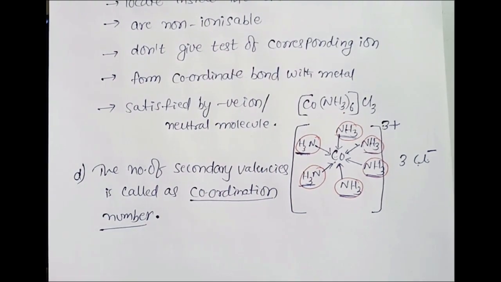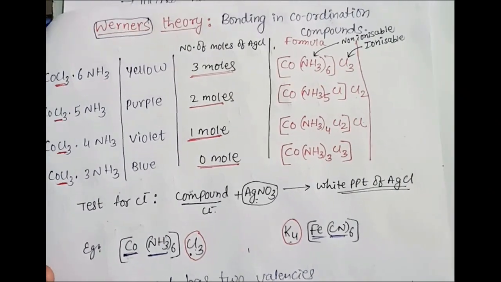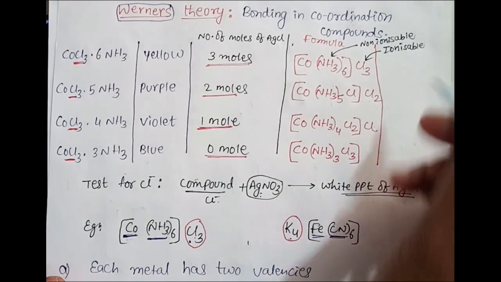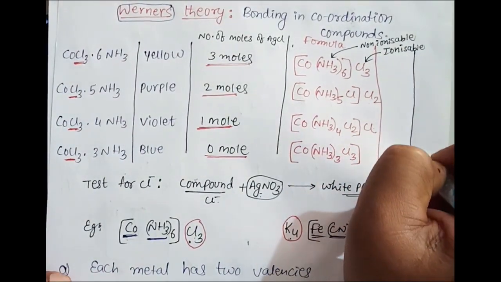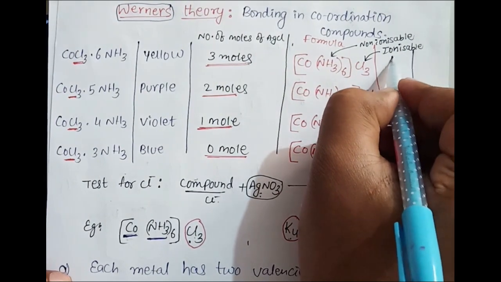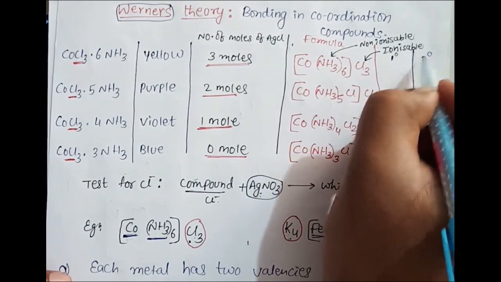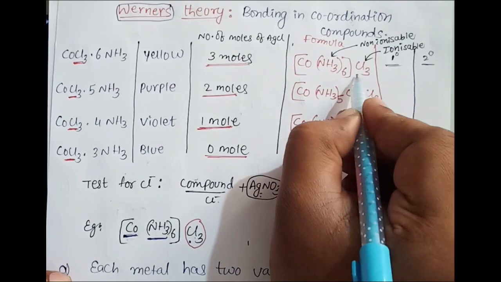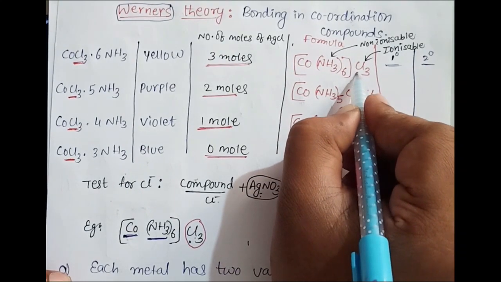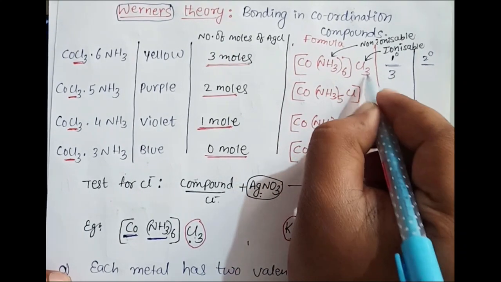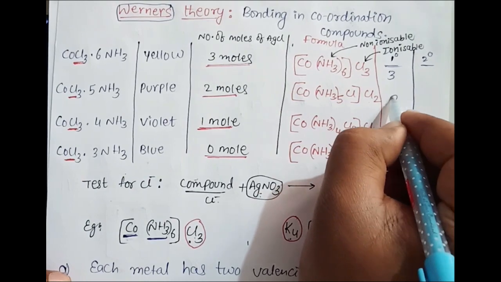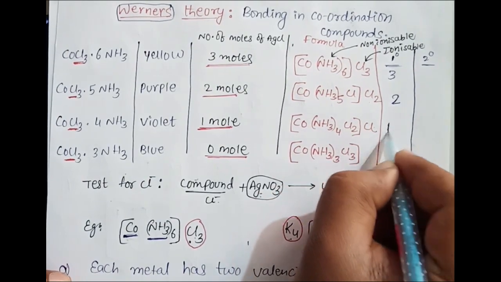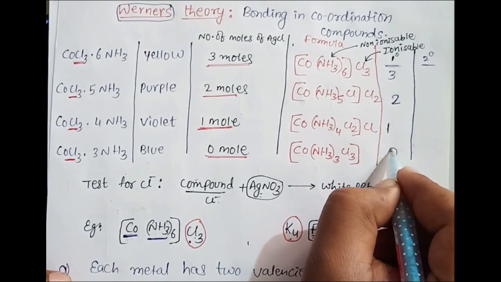Yes, let us take example this one. So this chart we began with initially. So here you tell me primary valency and secondary valency. Primary valency means those outside the bracket, which is 3 valencies here, 2 valencies here, 1 valency here, and 0 here. Correct.